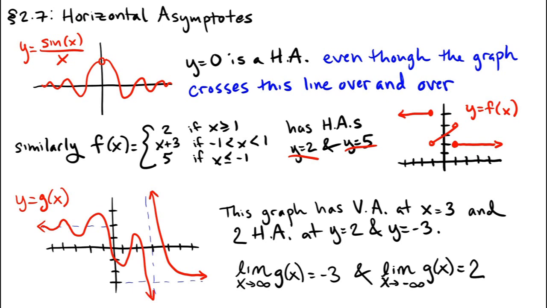When we move to the right in the graph, we're really letting x go to infinity, and g(x) is approaching negative 3, so that's where we get the horizontal asymptote y equals negative 3. On the other hand, when we move to the left and x approaches minus infinity, g(x) is going to 2, so we get the horizontal asymptote y equals 2.